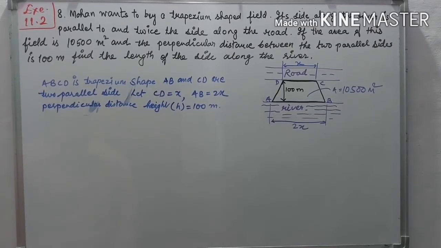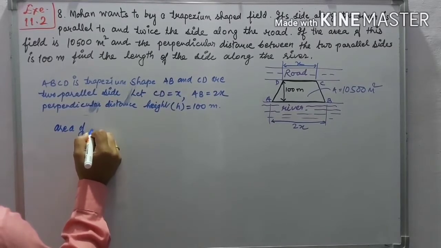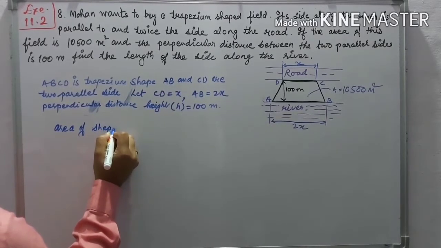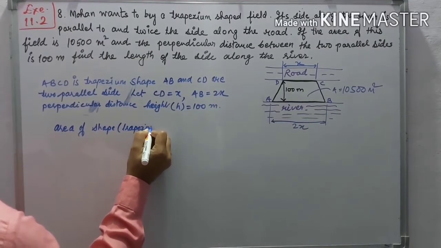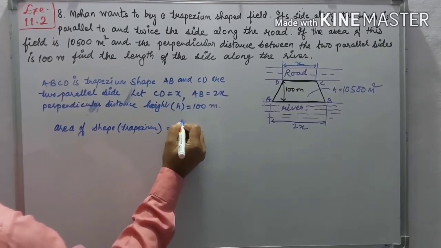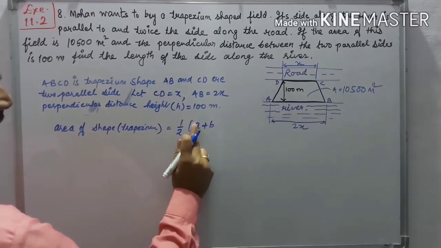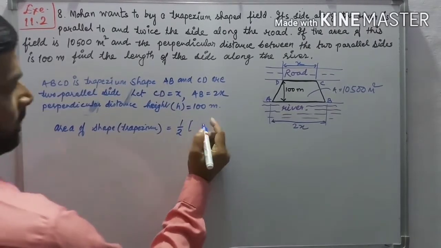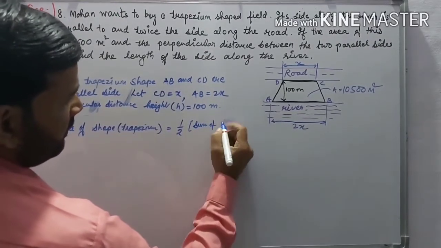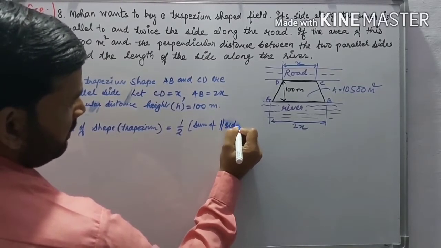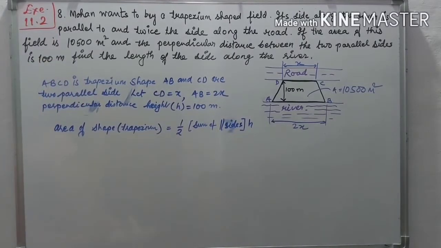Now we find the area of the shape. The area of a trapezium is 1/2 into (A plus B), where A plus B is the sum of the parallel sides, into h, where h is the height.